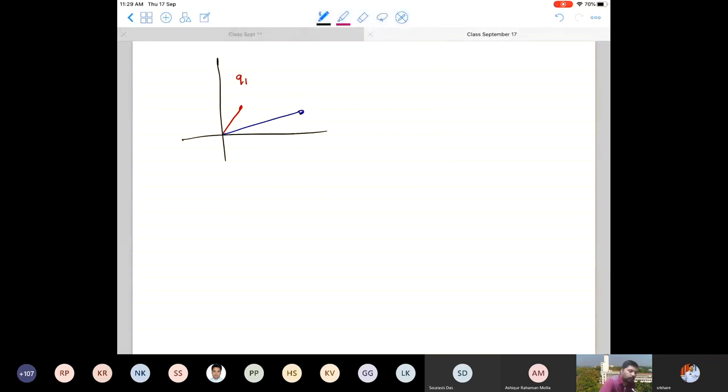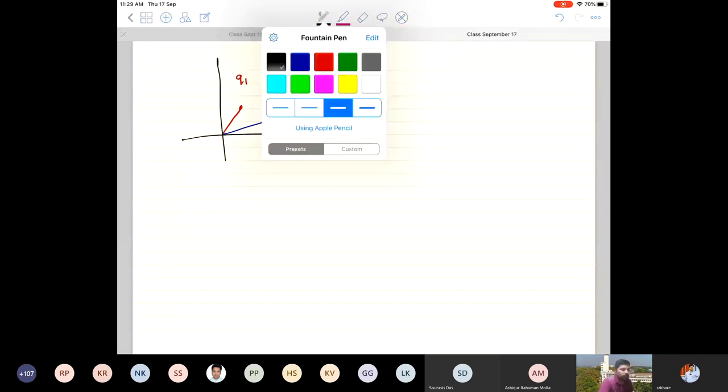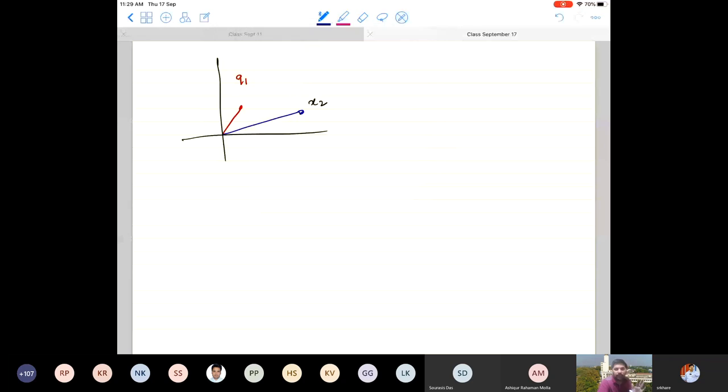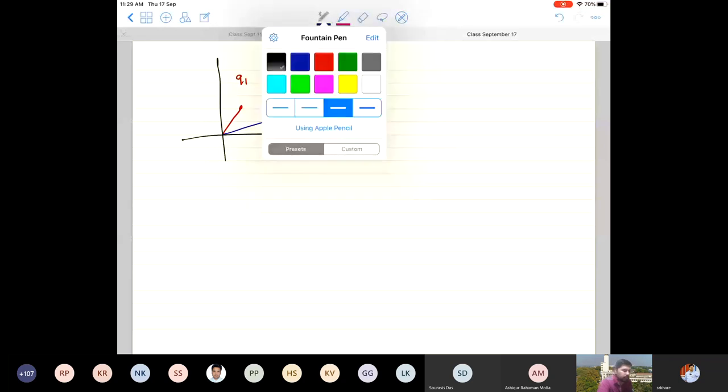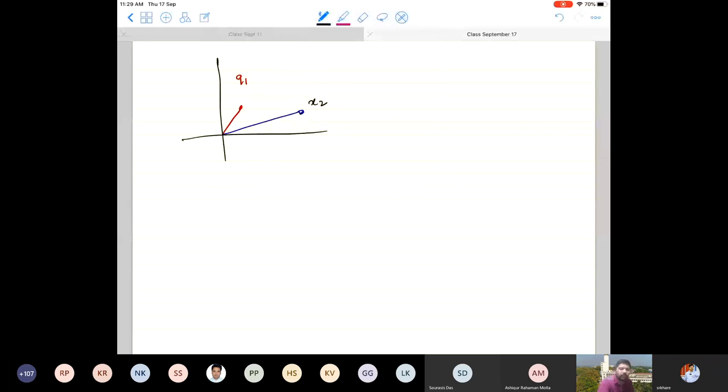So this is x2. In this two-dimensional diagram, if q1 is fixed, then you know what the orthogonal direction is. It is this direction, the one that I just drew. So this direction is orthogonal to q1, and q2 has to be a vector in this direction. Do you all agree?